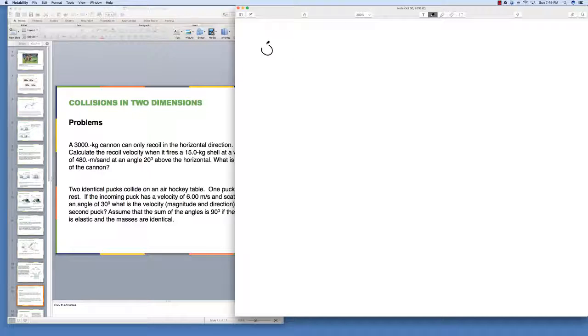Okay, so what you have is a puck, we'll call it M1, traveling in at V1. You have a second puck, M2, and it's sitting there. It hits, and the first puck, M1, ends up down here, and this angle is 30 degrees. The second puck goes this way, and this total is 90, so this angle is 60 degrees.